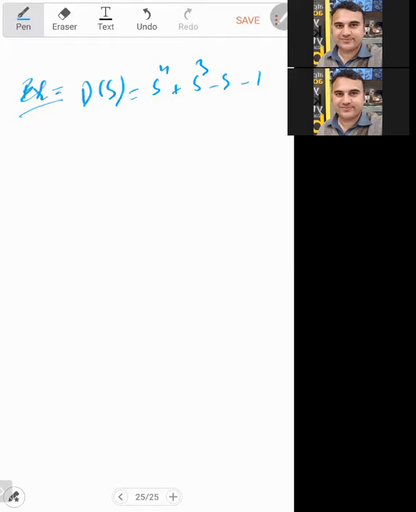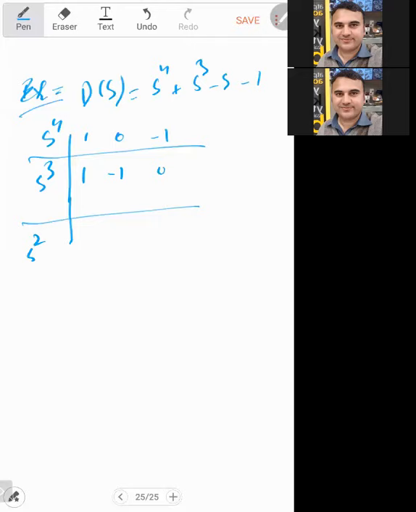We start with s^4: 1, 0, -1. Then s^3: 1, -1, 0. If we go to the s^2 row by simplification, using the same procedure to create the new row, it will be equal to 1, -1 and 0.